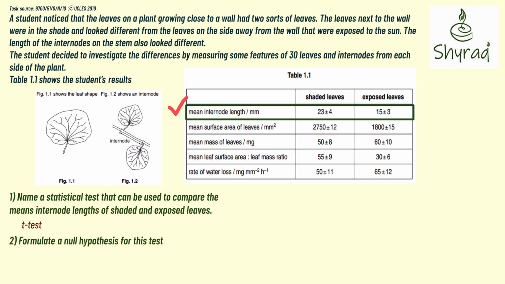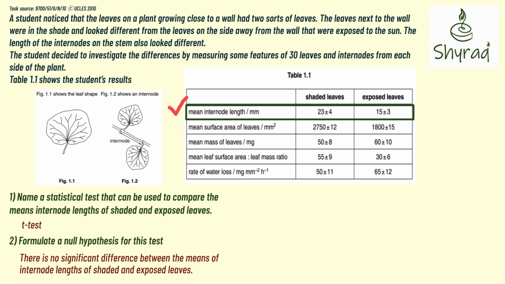For all t-tests, the hypothesis would sound like: there is no significant difference between the means of two groups. Specific to our task, our null hypothesis would sound like this: there is no significant difference between the means of internode lengths of shaded and exposed leaves.